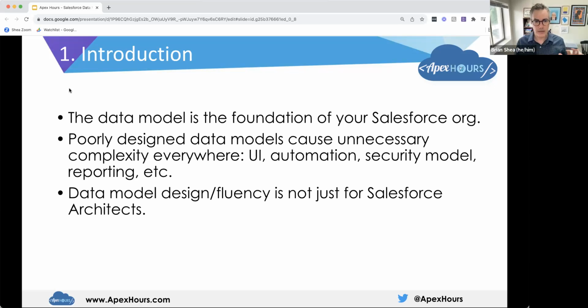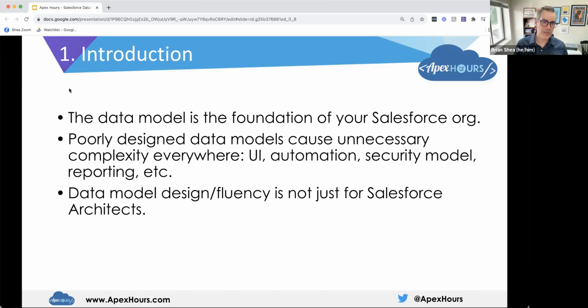I recently saw a conversation, I think on LinkedIn, that Jody Herbeck, who's a thought leader in admin, BA, and Salesforce fundamentals, put up a thread about data models, and a discussion came up about whether data models are just for architects, or are they for admins, developers, etc.